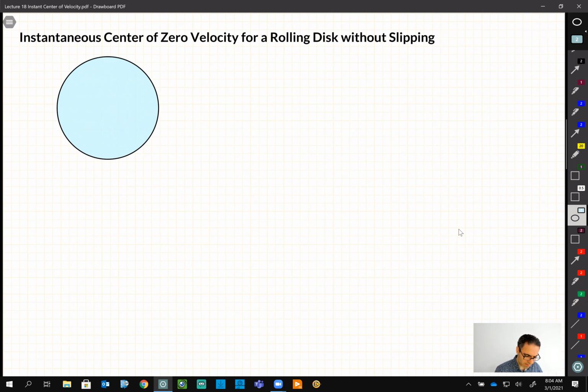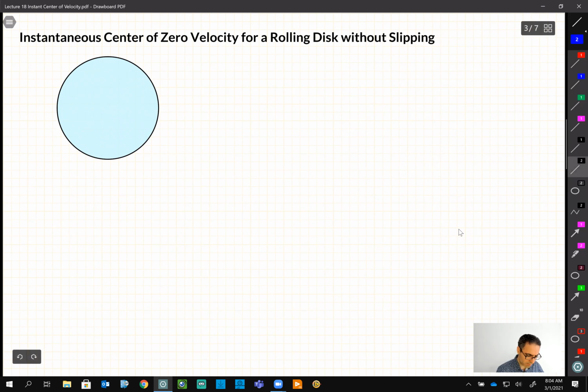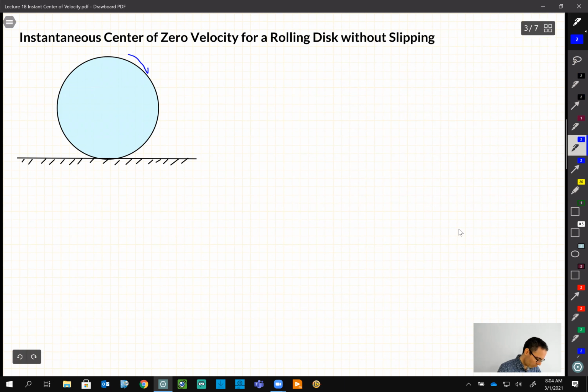And let's say this is on the ground. So this is a fixed ground. Okay, this is the disk. And let's assume that this disk is rolling with an angular velocity of omega.